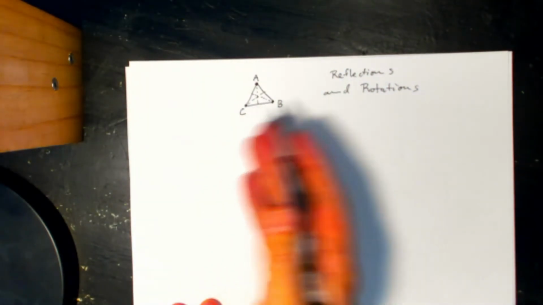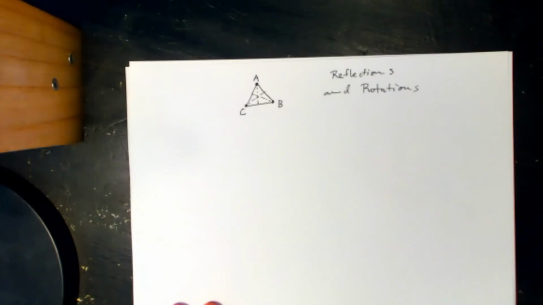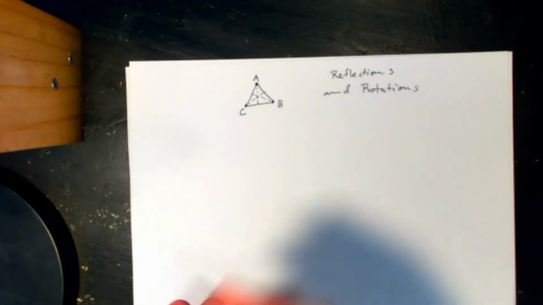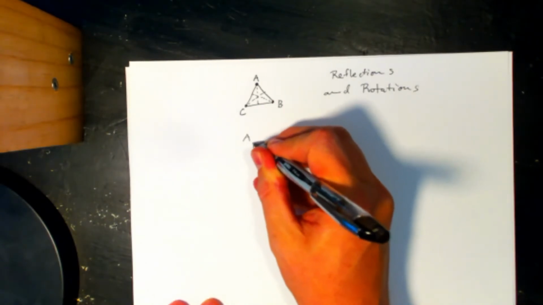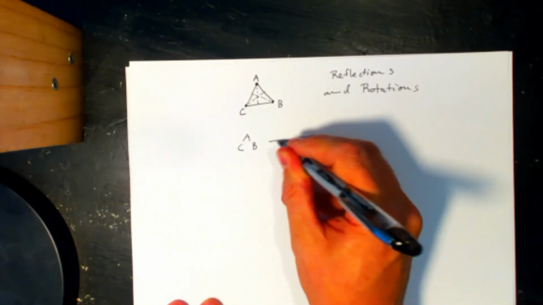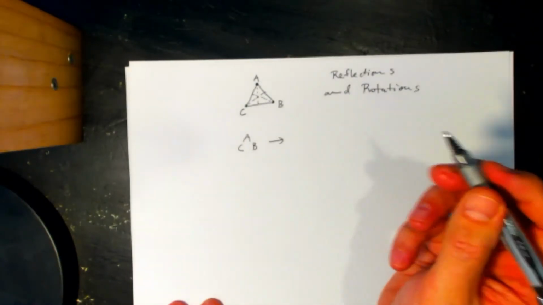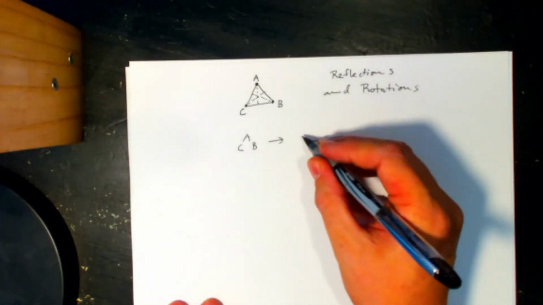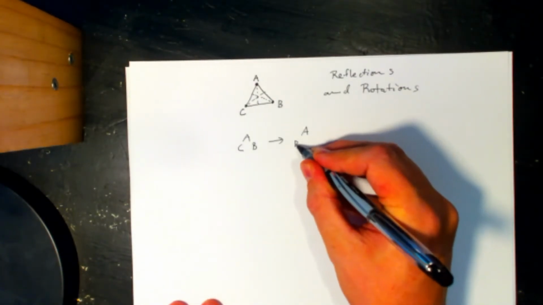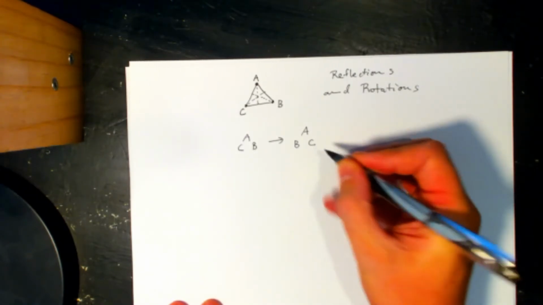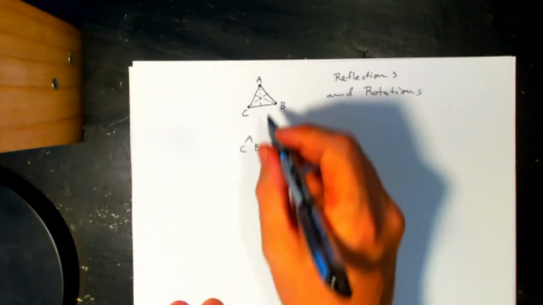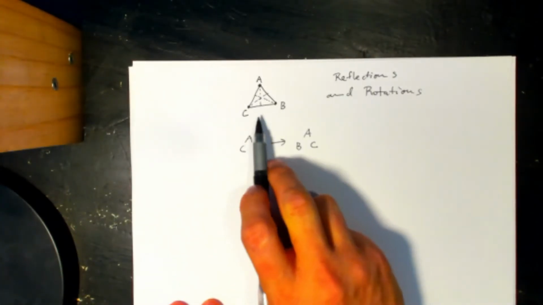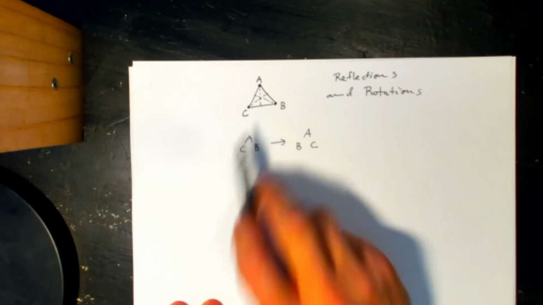Okay, so let's just look at all of the reflections here. So if we reflected about this axis, then we would have, and I'll just abbreviate this like this, okay, then this would go to A, then we'd have B over here and C here. Okay, in our first reflection about, let's call this the y-axis, all right?